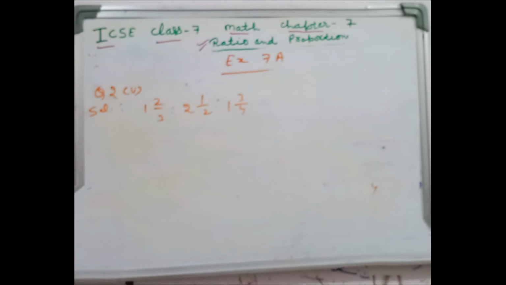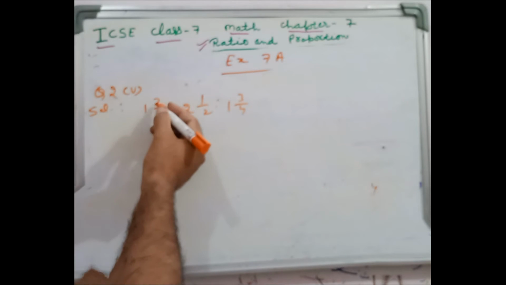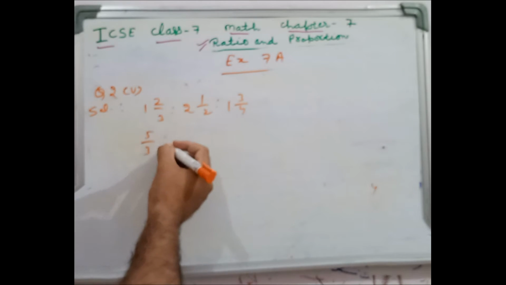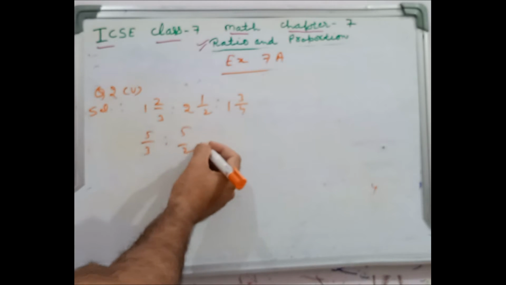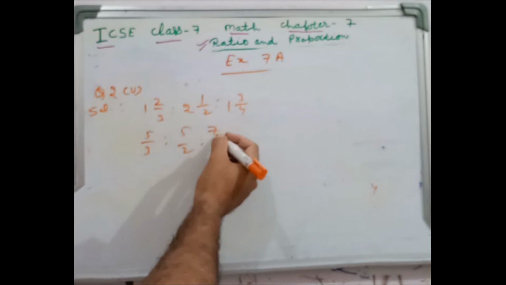First, these are mixed fractions. Make them vulgar or simple fractions. 3 1s are 3, 3 2s are 5 upon 3. 2 2s are 4, 5 upon 2. 4 1s are 4, 3 7 upon 4.